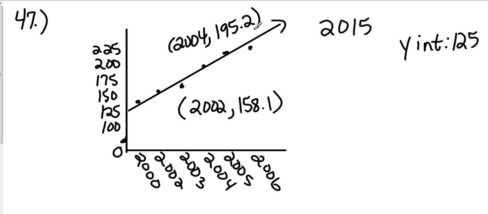Okay, and so I'm going to subtract the y's, so that's going to be 195.2 minus 158.1. That's going to give me 37.1. And then 2004 minus 2002 is 2.